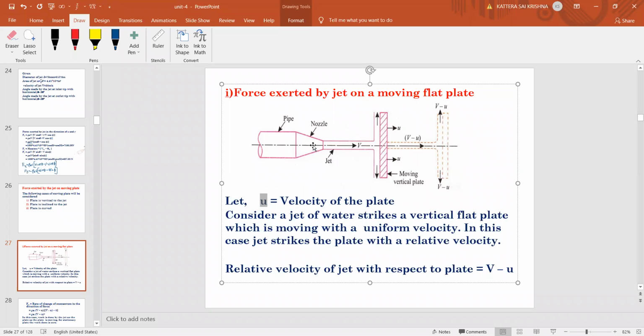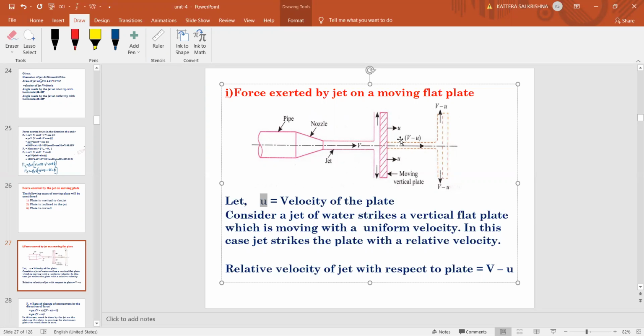Since the plate already has a velocity, when the jet comes and hits it, it won't hit with the same velocity of V. There will be a relative velocity generated because of the movement of the plate. That relative velocity becomes the inlet velocity of the jet. Relative velocity, nothing but V minus u, becomes the initial velocity when the plate is moving.